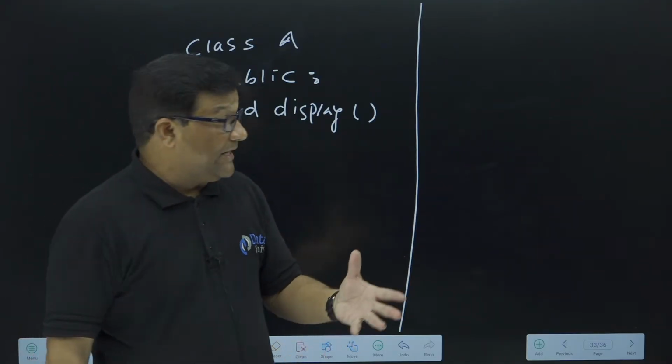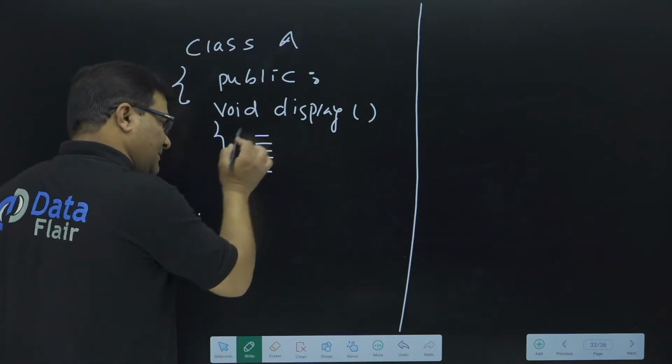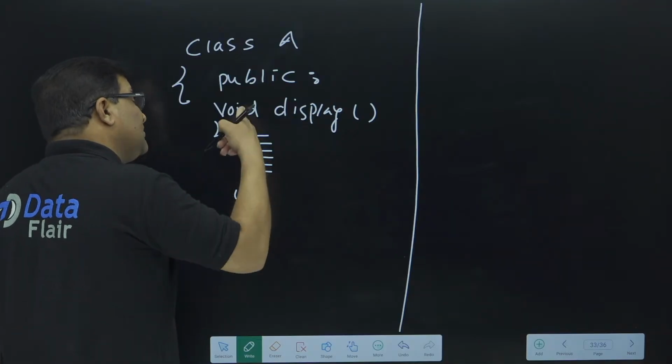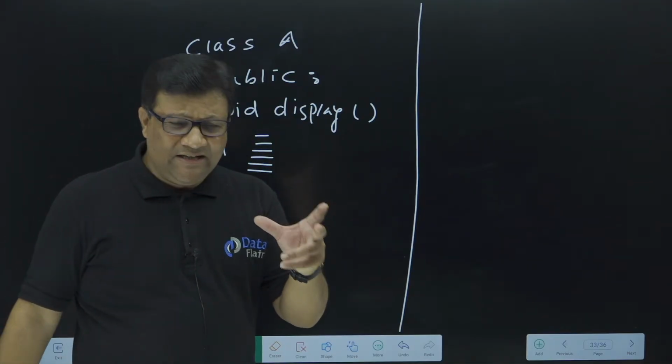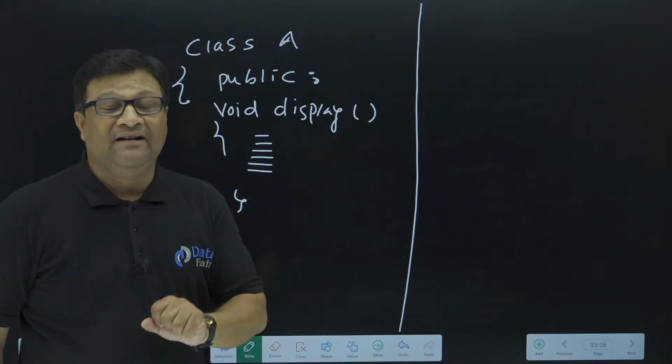Like in C++, suppose I define a method, not a function, because once a function is a member of a class, it is a method. So what is this method called when we define it inside a class?